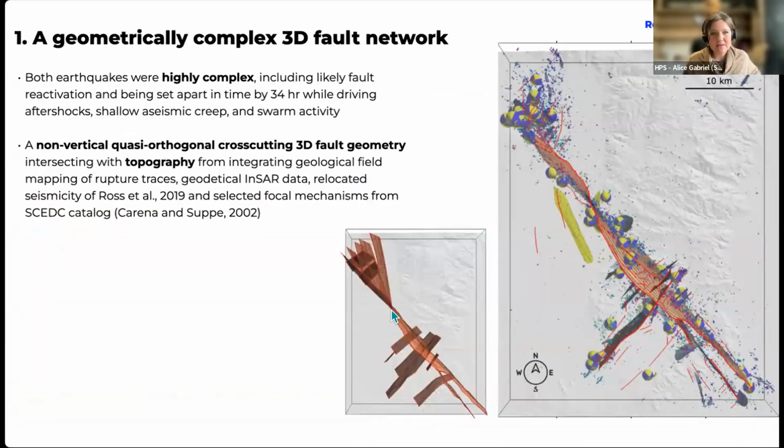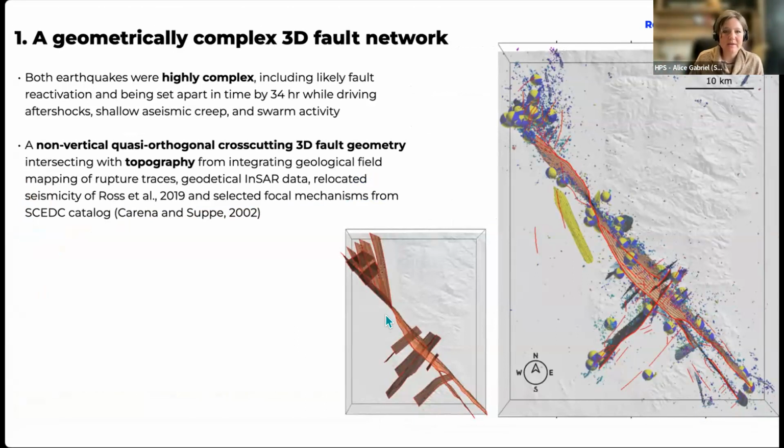So to set up these models, as I showed you in the workflow, we need to have an idea about the geometry and about how our model should look. In this case, we're interested in better understanding how this complex 3D fault network behaved during both earthquakes and how these two earthquakes were talking to each other.